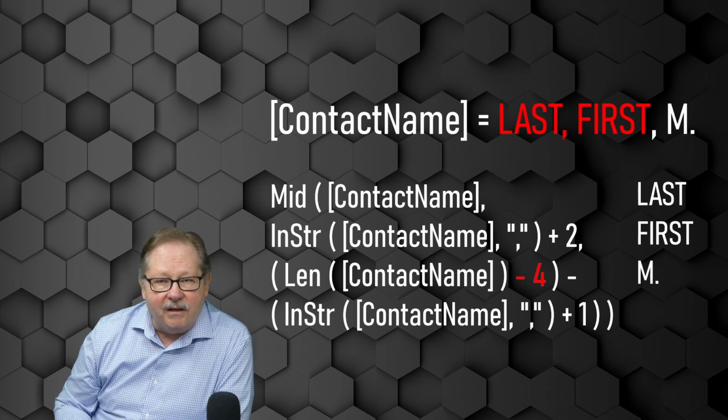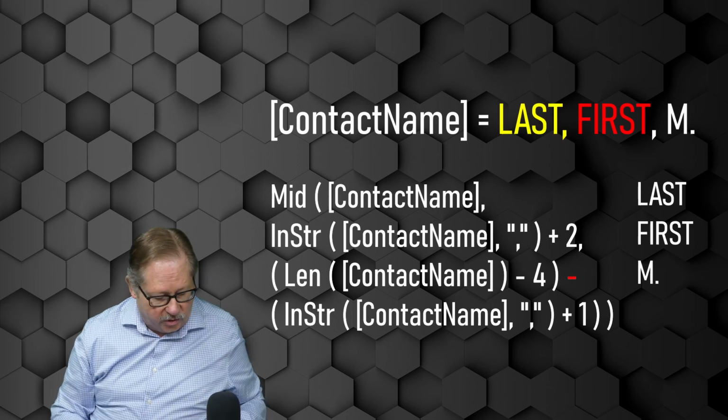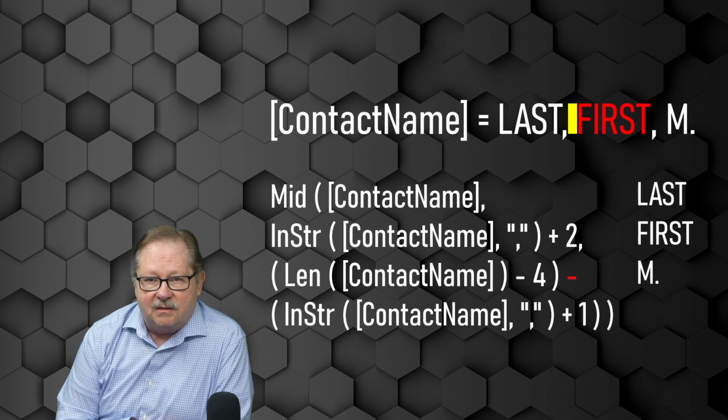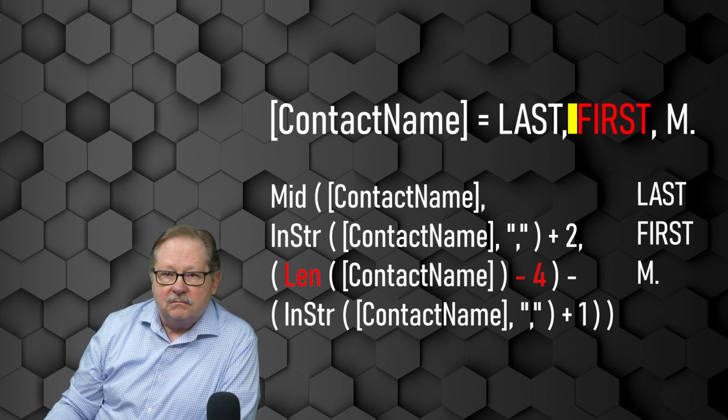So the end of that length that I want to go to is 4. Now I need to subtract where this is right here. So really what I want is the location of that space. Okay, I'm going to take the length -4.